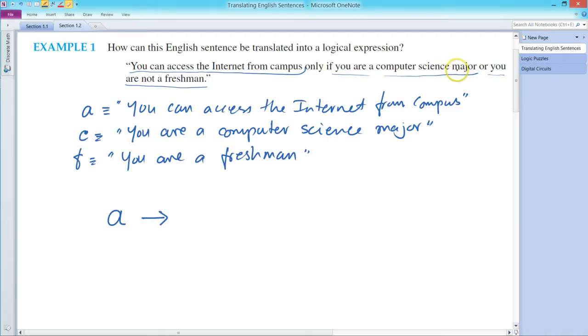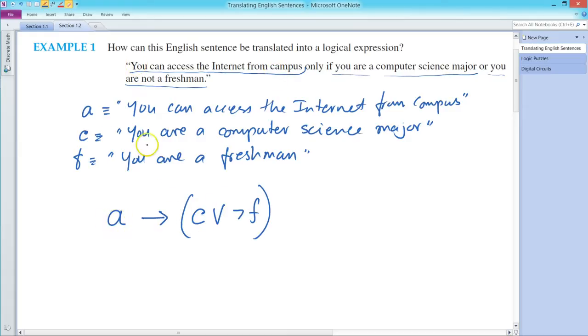If you are a computer science major, which is represented by the variable c, or then there's another connective, you are not a freshman. Not a freshman can be represented as not f. And of course, according to the sentence structure over here, we see that the access to the campus, represented by a, can only be granted if you are either one of these.